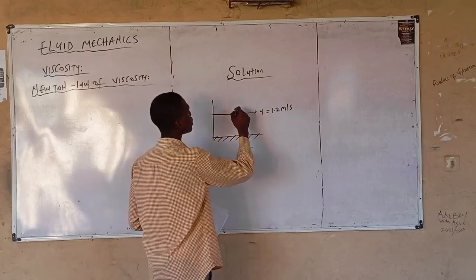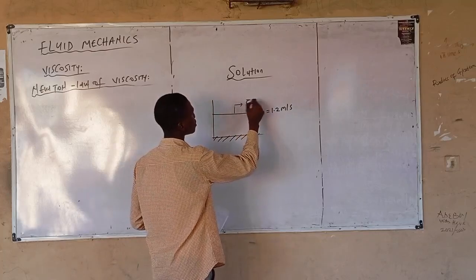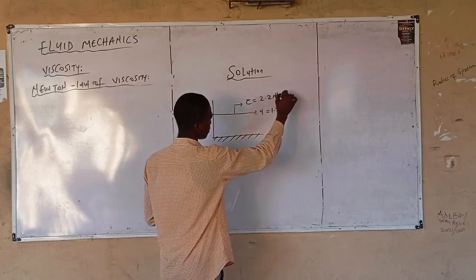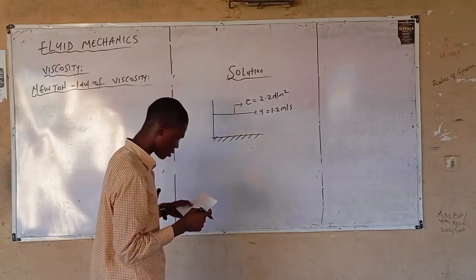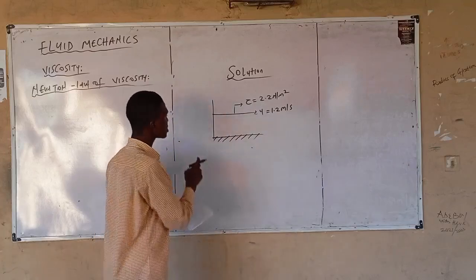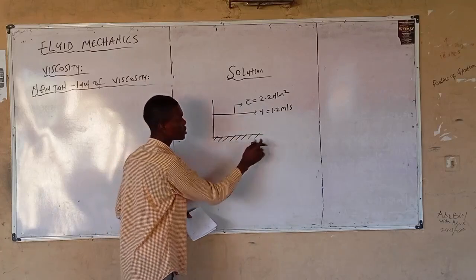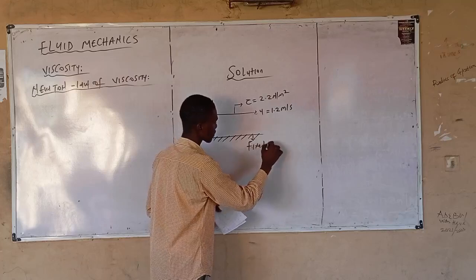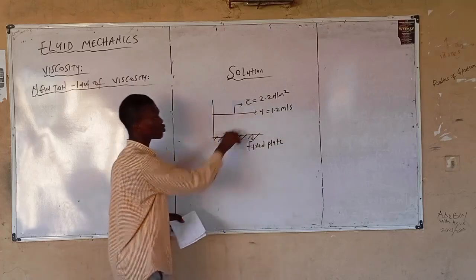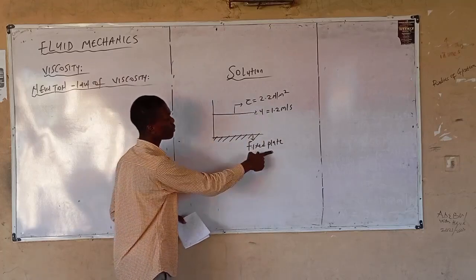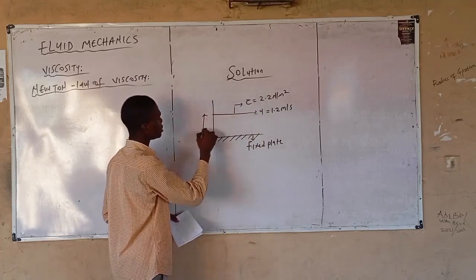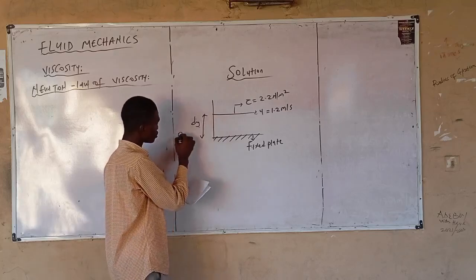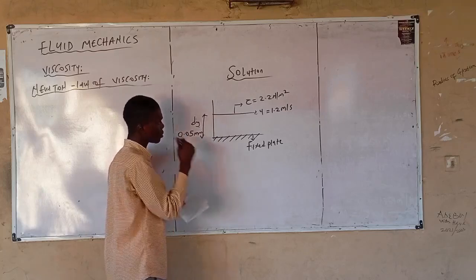stress. Let's say we have this 2.2 Newton per meter square. The distance between the plate and this fixed boundary, this is the fixed plate, is dy, and the value is given to be 0.05 mm.